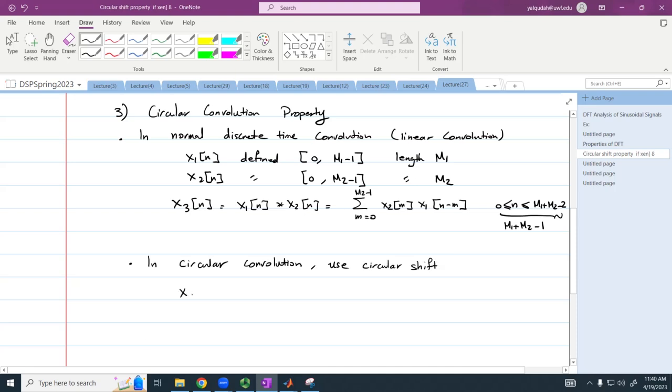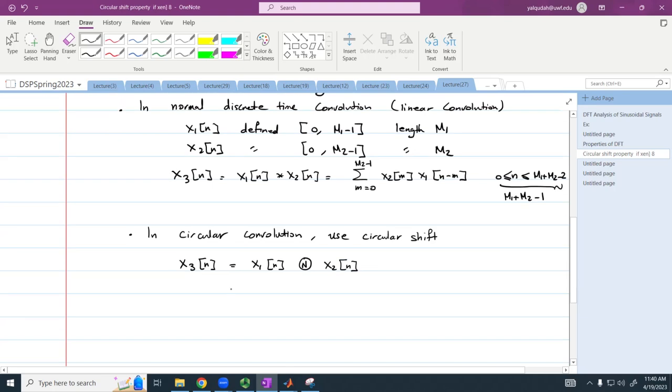And therefore, if I want to calculate x of n equal to x1 of n circularly convolved with x2 of n, this is going to equal the summation from 0 to N minus 1 of x1 of m, x2 of n minus m modulo N.